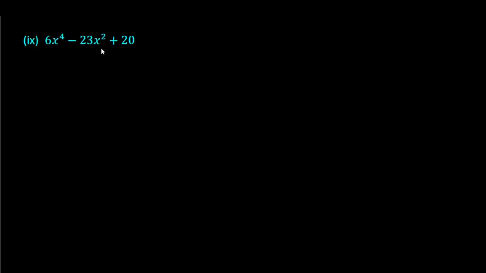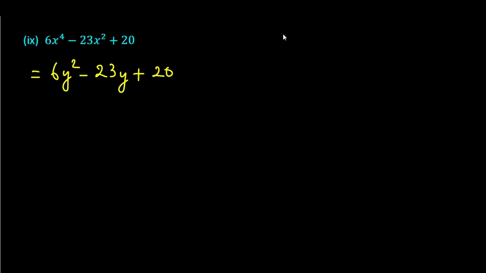So here also we have x power 4 and x square terms. Taking y is equal to x square, we can rewrite it as 6y square minus 23y plus 20. Now it is a quadratic polynomial in variable y.